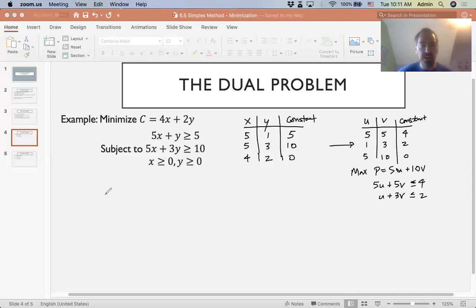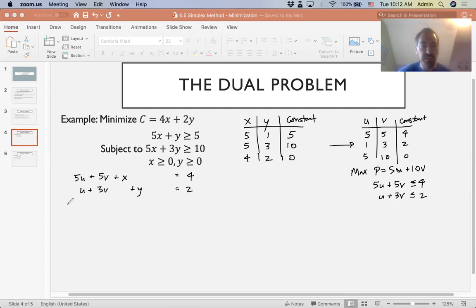We can set this up by introducing slack variables to force equality. Our slack variables will be x and y. Then u plus 3v plus y equals 2. And for the objective function, subtract 5u and subtract 10v from both sides.